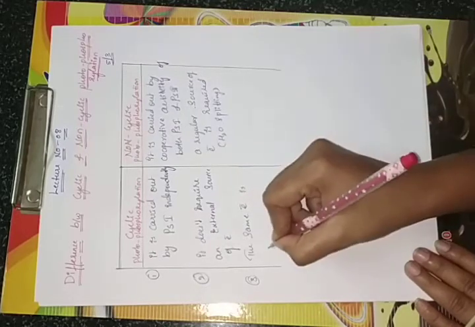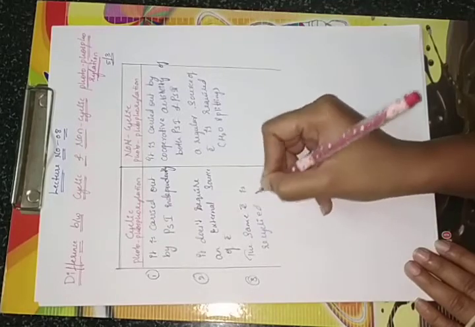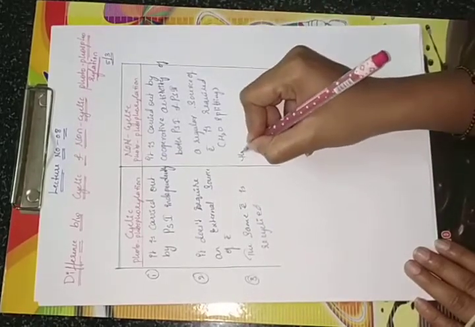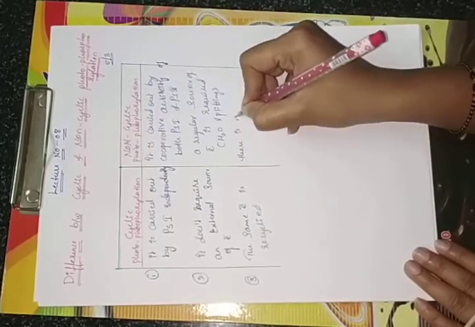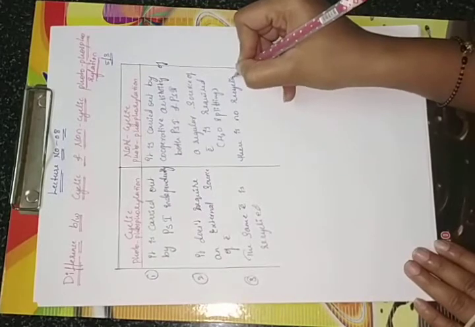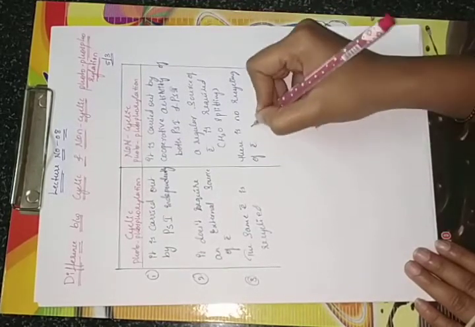And then third one, in cyclic the same electron is recycled time and again. Here, in non-cyclic, there is no recycling of electron.